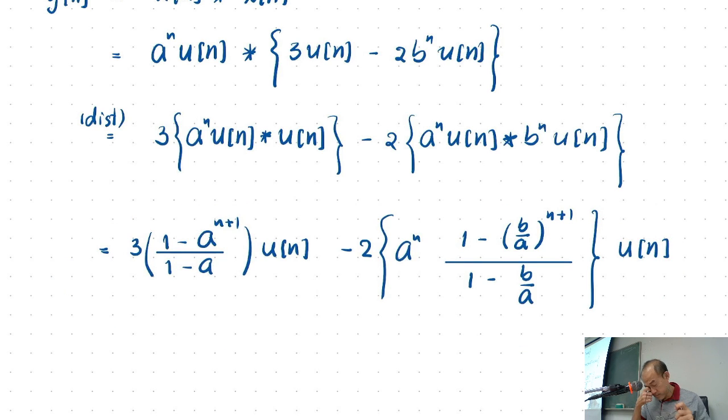So this is how the distributive property can be applied. It's very useful. In other words, you can break the input or the impulse response into smaller terms, and you do the smaller terms, then you add them up later. Okay.